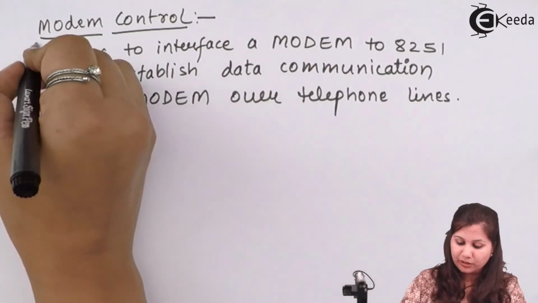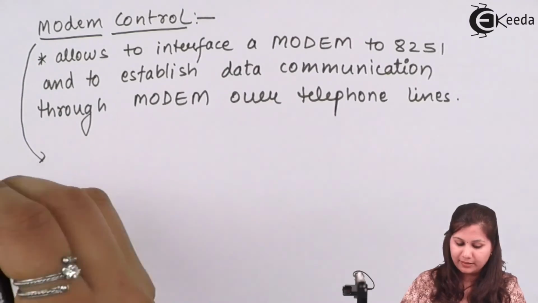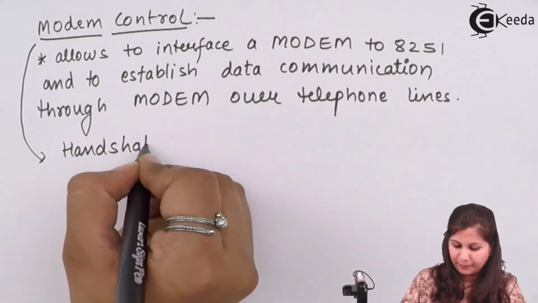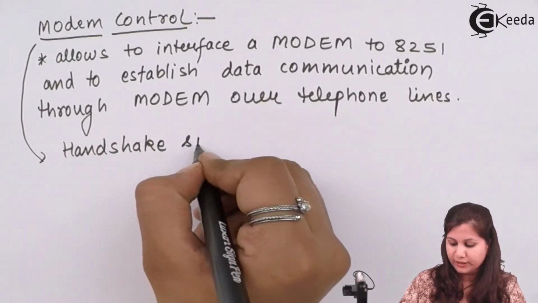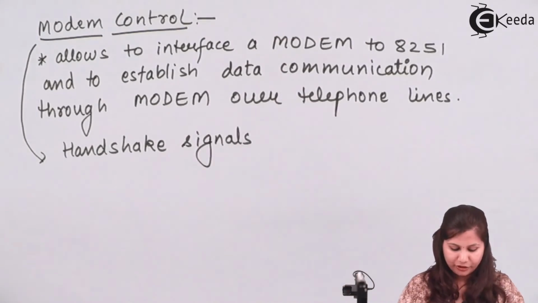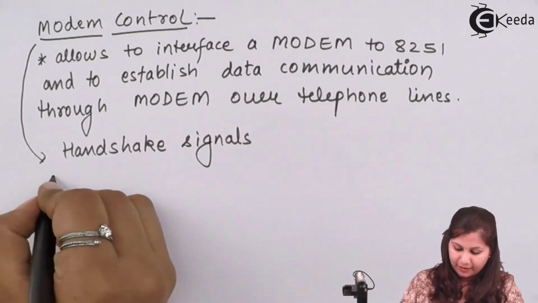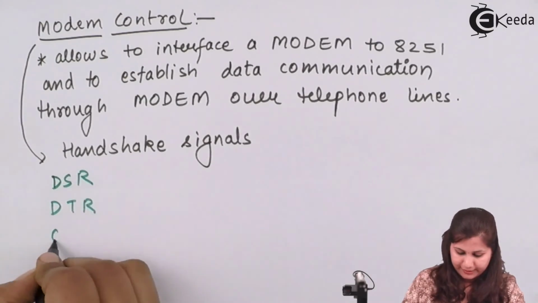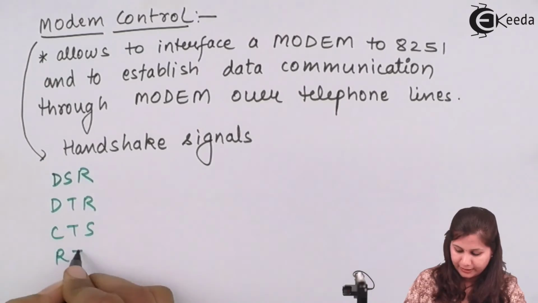So what this section does, this unit provides the handshake signals for this modem interface. And what are these handshake signals? DSR, DTR, CTS, and RTS.